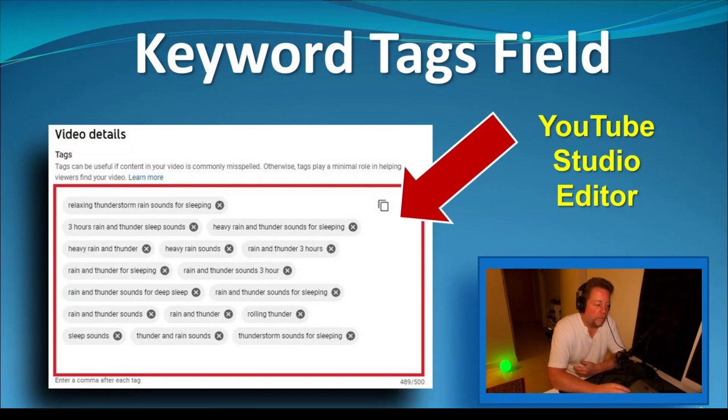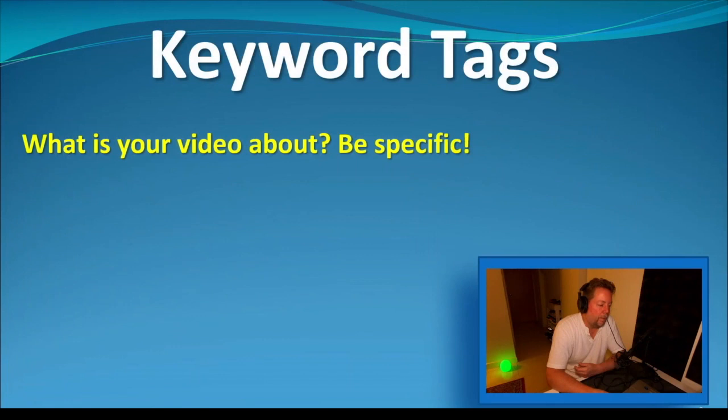I have customers that leave it blank because they don't even know it's there. And this is just another way to tell YouTube exactly what your content is about. What is your video about? And how should they rank you in search? So it's really important.